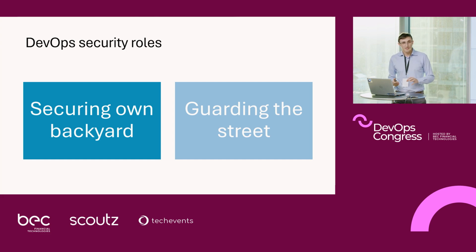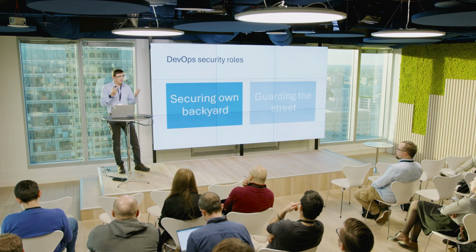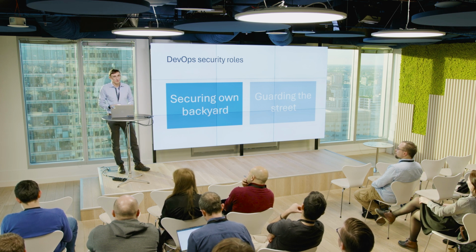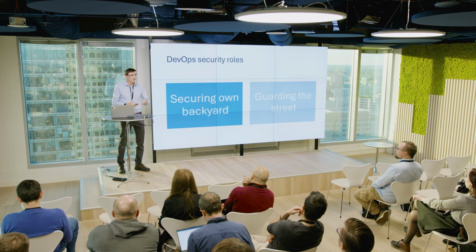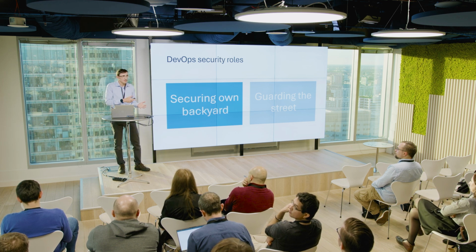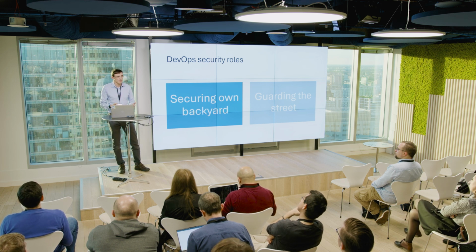Securing their own backyard means thinking about their DevOps tools. As a DevOps, usually you use some tools to handle the repository, to build artifacts, as continuous integration, as a deployment server, for example, some tools for a NuGet feed, a Docker feed, or something like this.